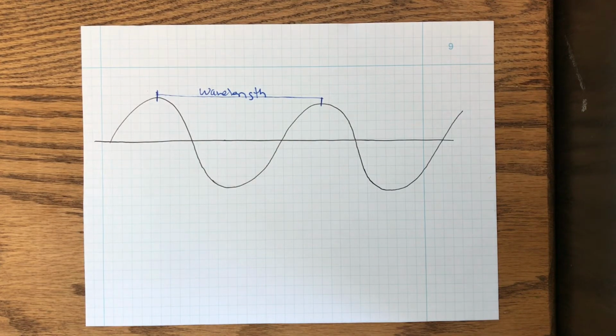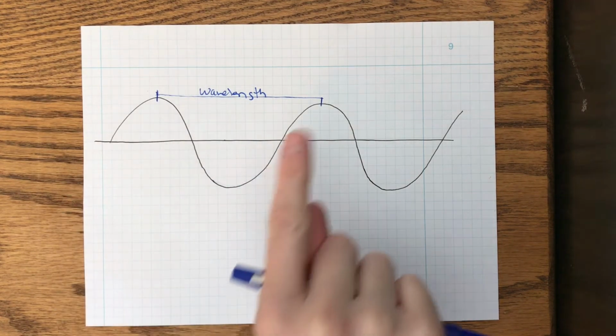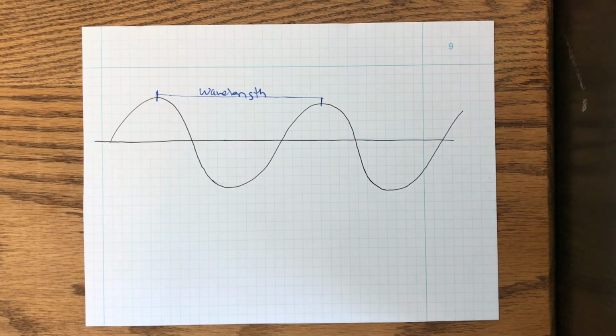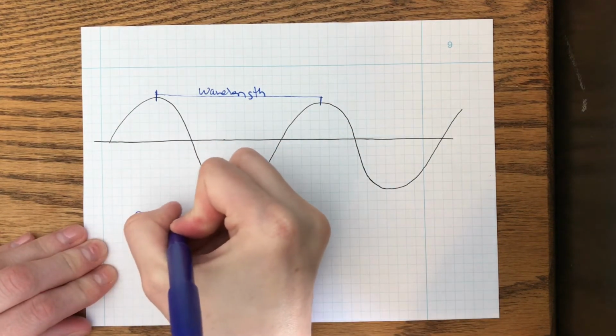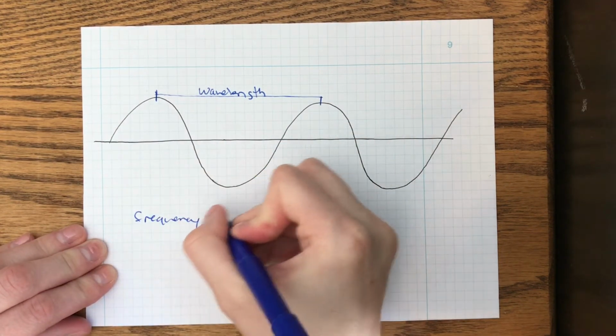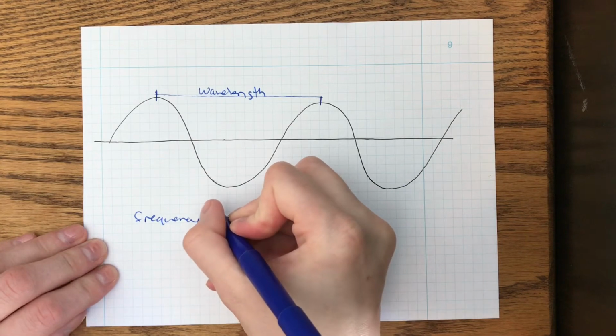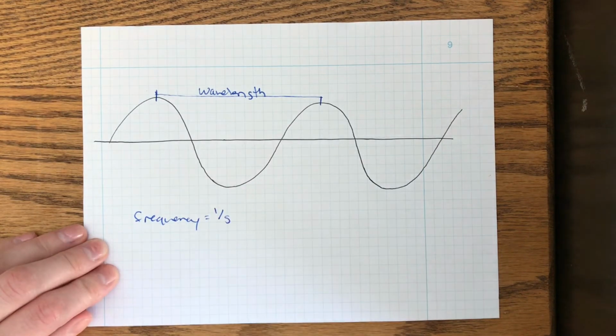The other thing we need to know if we're going to calculate wave speed is frequency. Frequency means how many cycles per second. If you picture a moving wave, it's how many of those oscillations per second. So 1 per second.